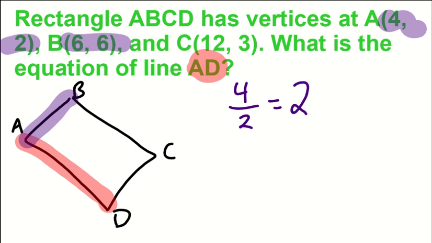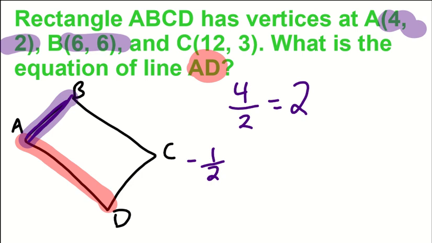That means the slope of this line right here is 2. We don't need to find the y-intercept for that line. Once we have the slope, if AD is perpendicular to it, we flip it and change the sign. So now we have a slope of negative 1/2 for line AD. Okay? Everybody okay on that part?